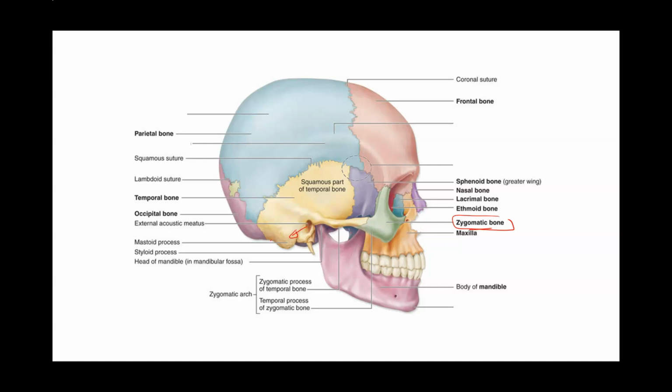And then posterior and inferior to the external acoustic meatus is this large rounded bump known as the mastoid process. Right, now this is one of several features you can actually feel on yourself. So if you feel the bony bump of your skull that's behind your earlobe, that's the mastoid process.